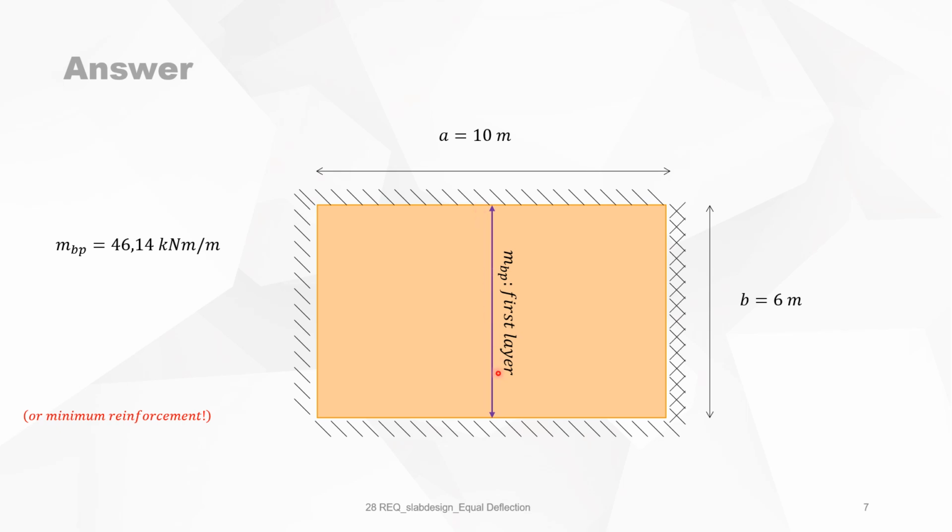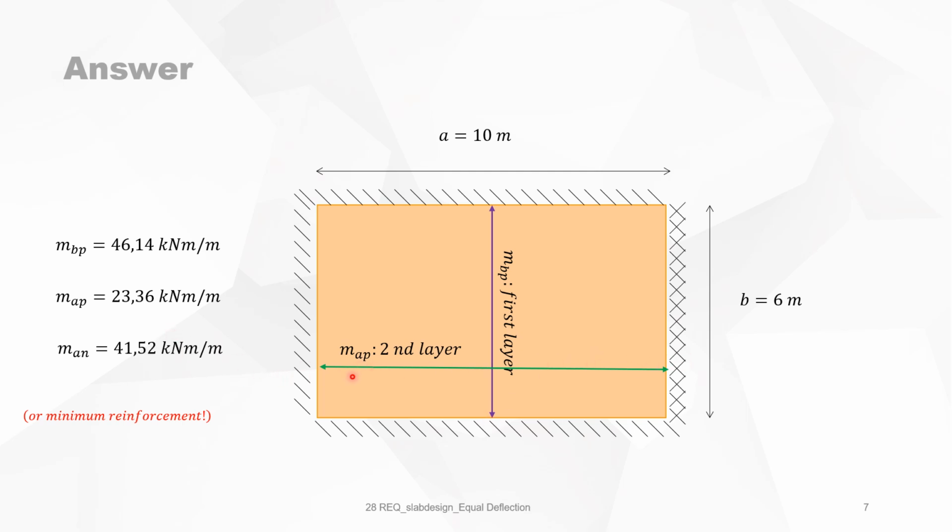So in this direction, the first layer of reinforcement will be put. MAP, then this is the bottom reinforcement in the direction of A. And this is put in the second layer, because this is put in the first layer, this is on top of it.